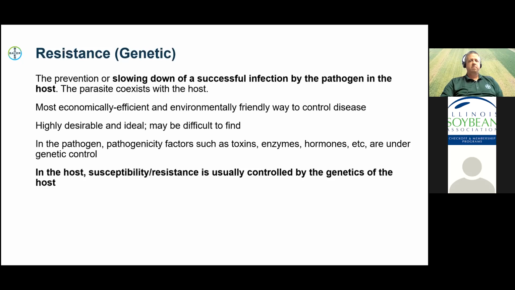And also, resistance in the genetics of the plant normally comes at a cost. If we think about it, the plant has a certain amount of resources. It's going to put them into producing seed, which is the point of the plant. But if we're going to produce, say, some kind of protein in the plant that's not going to allow a disease to infect, that's going to come at a cost.